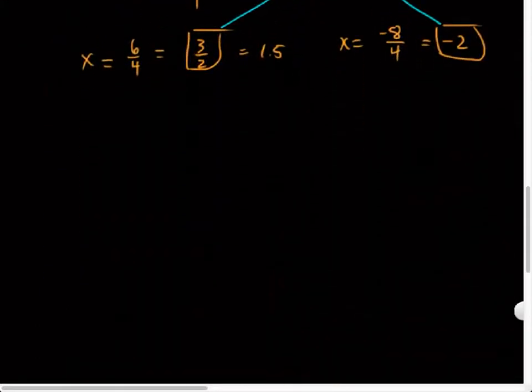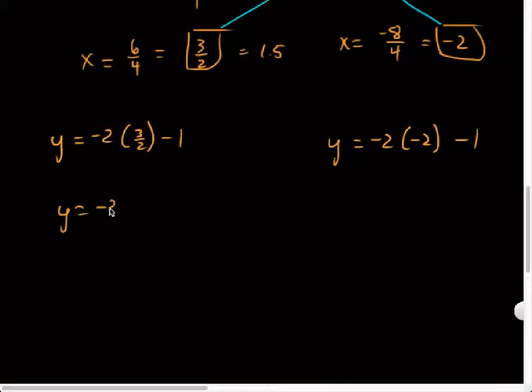So I'll have y equals negative 2 times 3 halves minus 1, and y equals negative 2 times negative 2 minus 1. I get y equals negative 3 minus 1, or negative 4. Or over here, I get y equals positive 4 minus 1, or y equals 3.